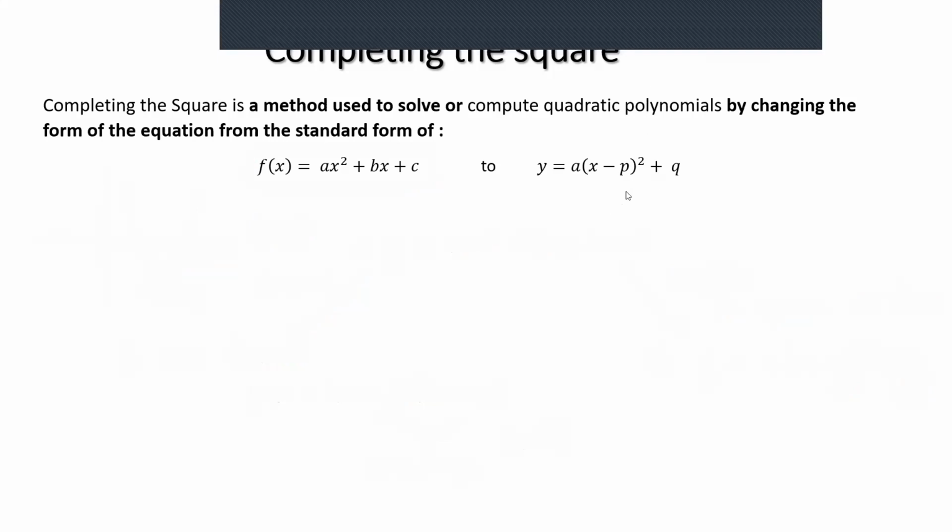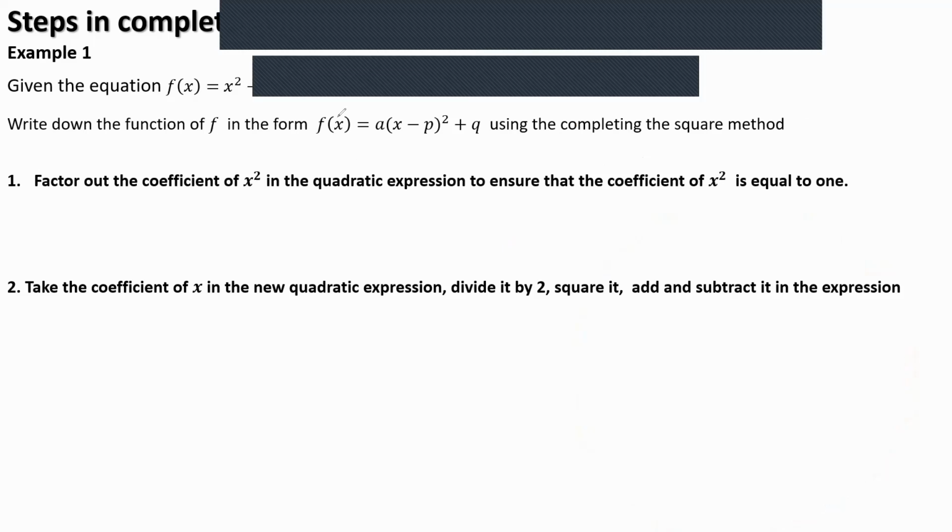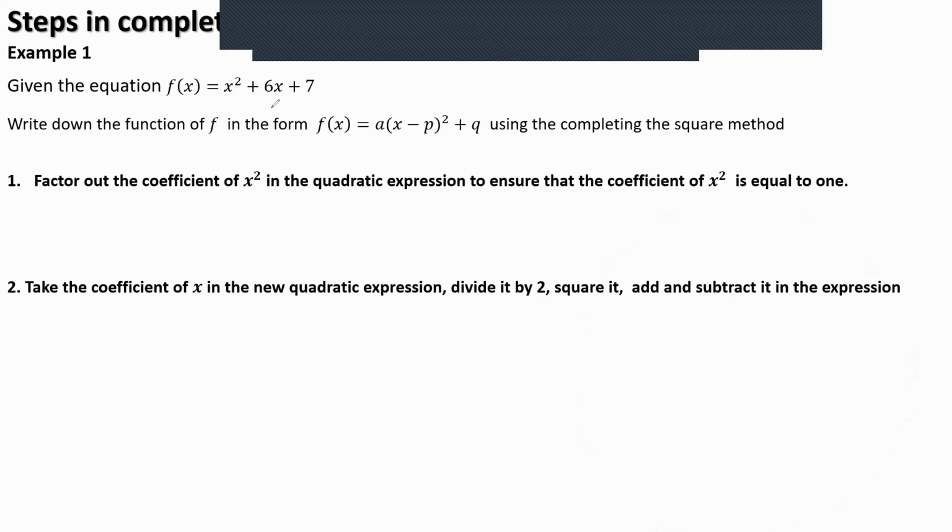All right, let's go through a typical question here. How do we complete the square? So here's a question. Example one, I'll do about 4 examples. Example one, we'll start off with something small, then we take it up from there. The question says, given the equation x squared plus 6x plus 7.